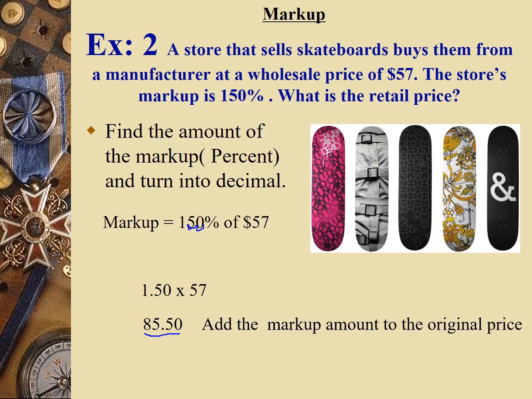So we add $85.50 to the original price, which was $57, and we get $142.50. Keep in mind, you work out this the same way you work out tips and tax. Find the percent, change it to a decimal, but you're going to add. Discounts is the only one you subtract.